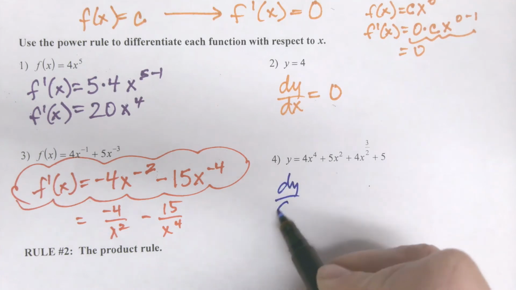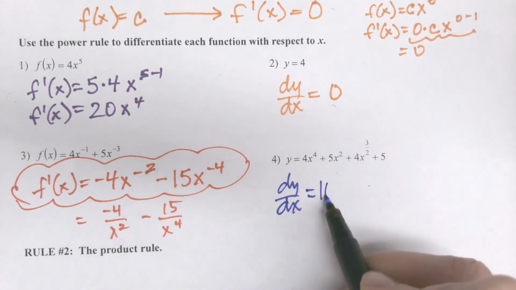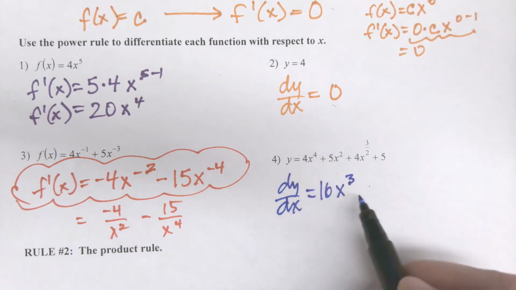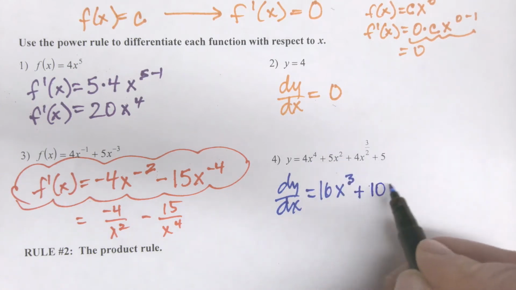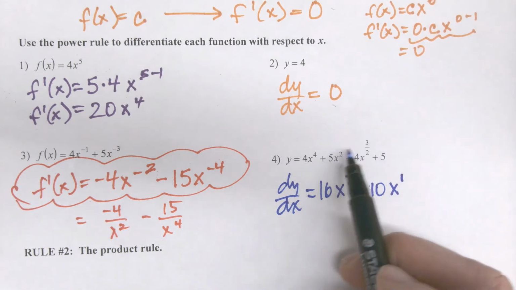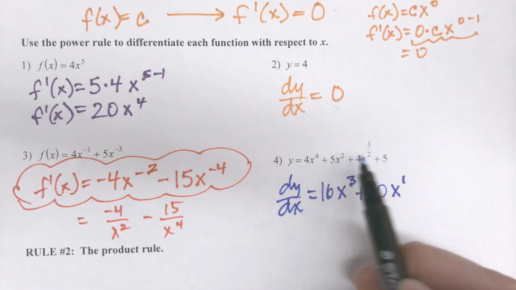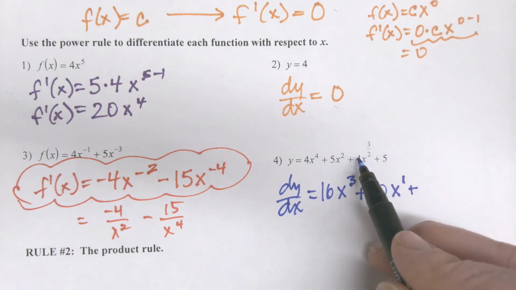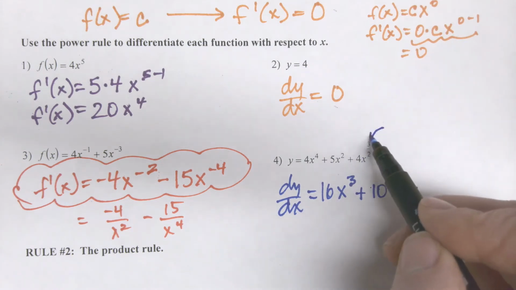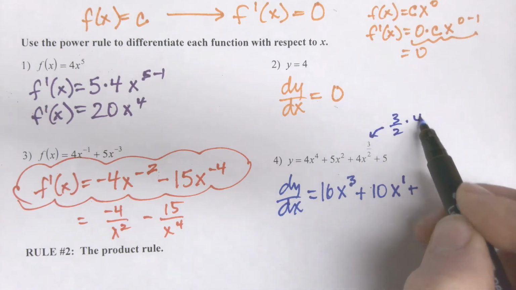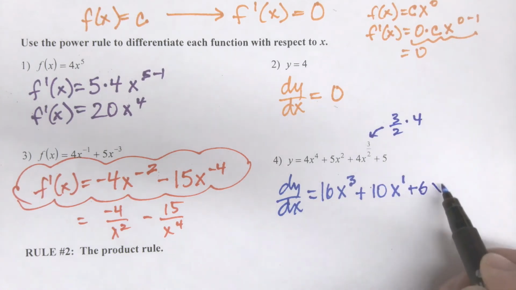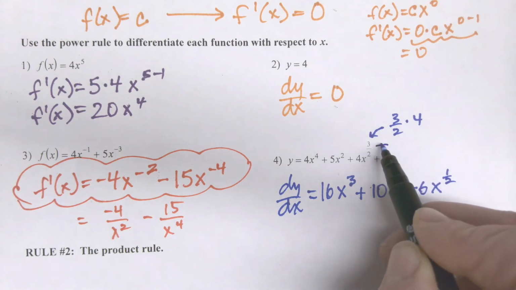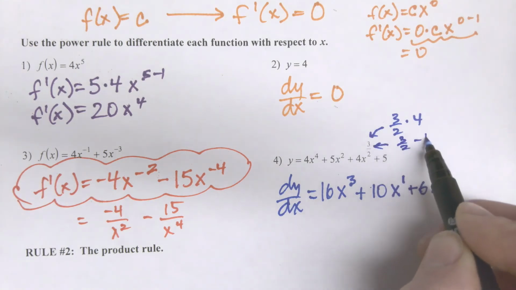So dy dx is 16x to the 3rd, 4 times 4, x to the 4 minus 1, plus 10x to the 1st, I don't have to write the first power, 2 times 5, lower the power 1, plus 3 halves times 4. So here I'm going to be doing 3 halves times 4, which is 6x to the 1/2, and then 3 halves minus 1 would be my power.